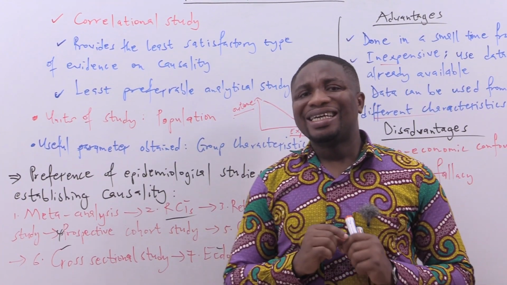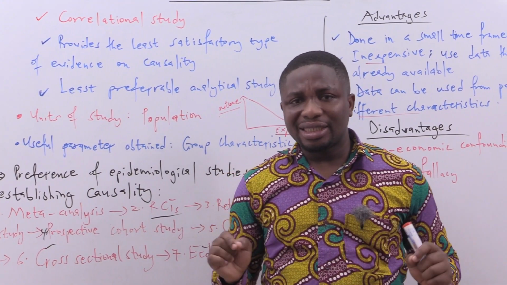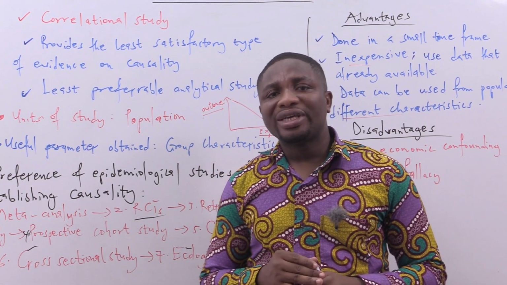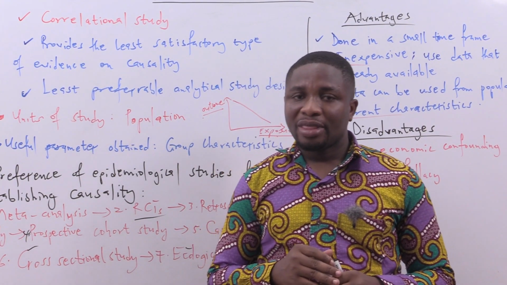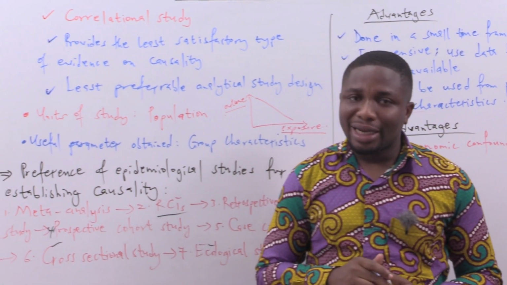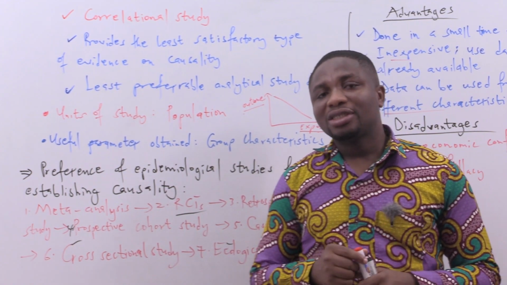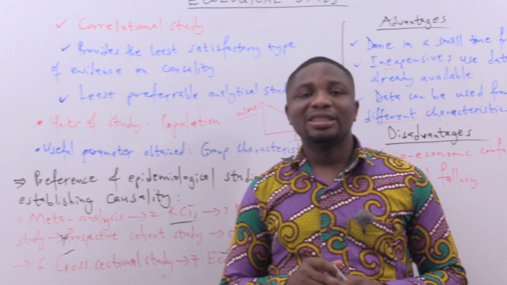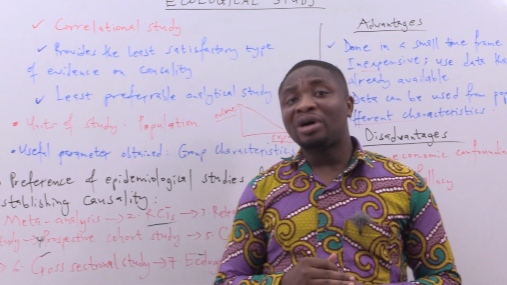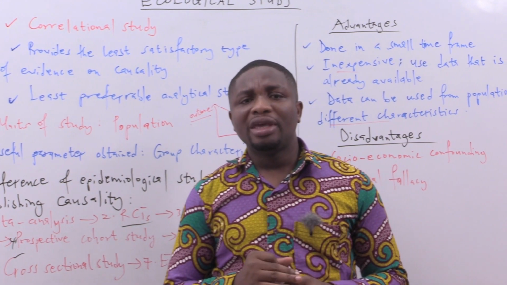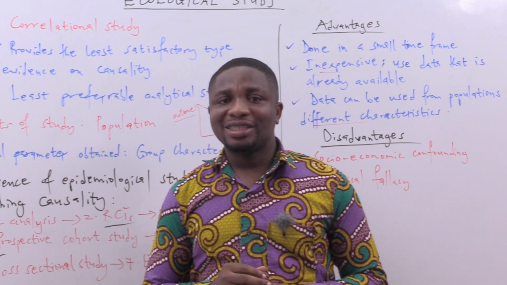We also said that it is the least preferential choice for establishing causality, and the most preferential is going to be meta-analysis. The unit of study is going to be the population, and the parameter that can be derived from the ecological study will be the group characteristics.